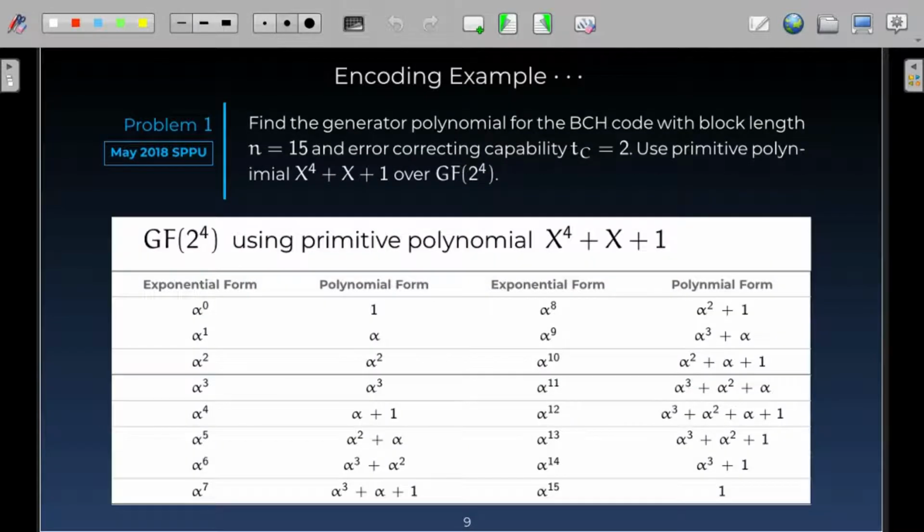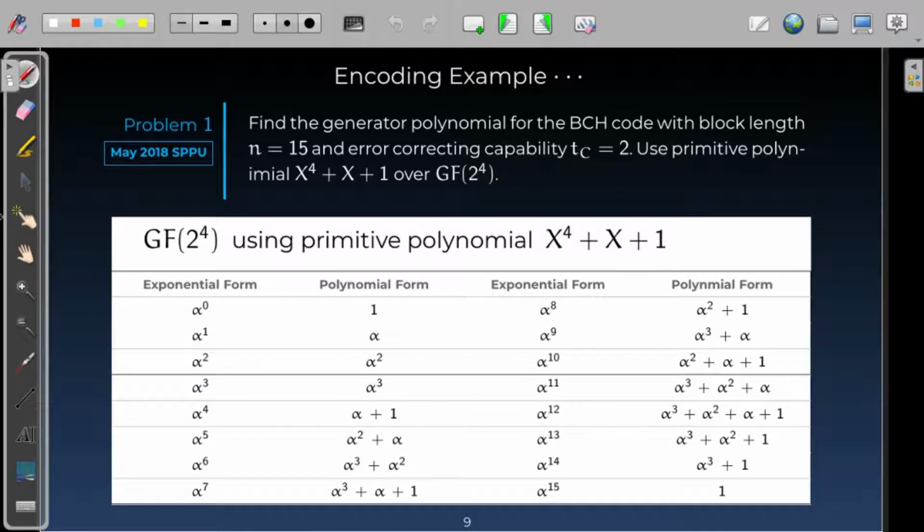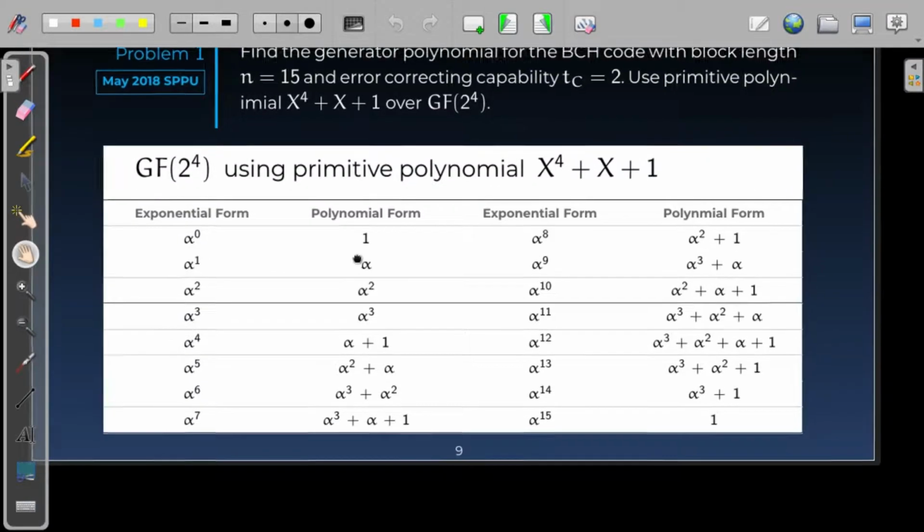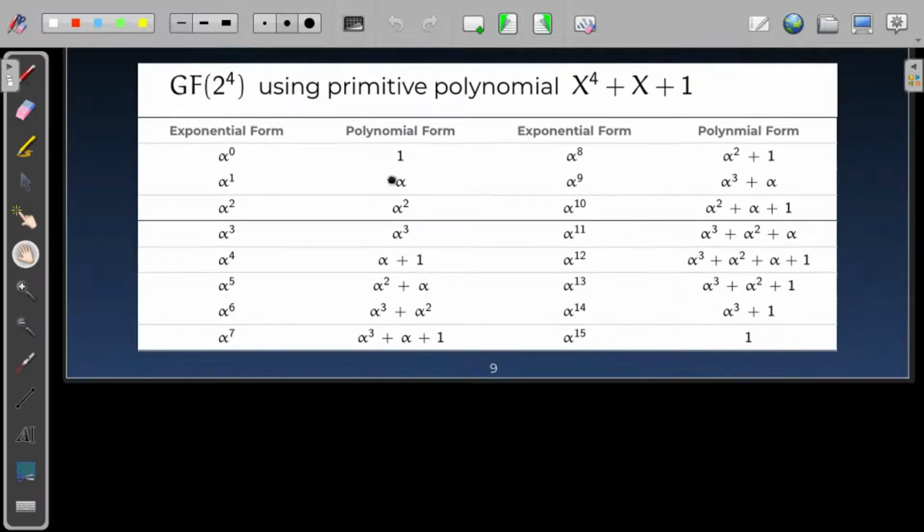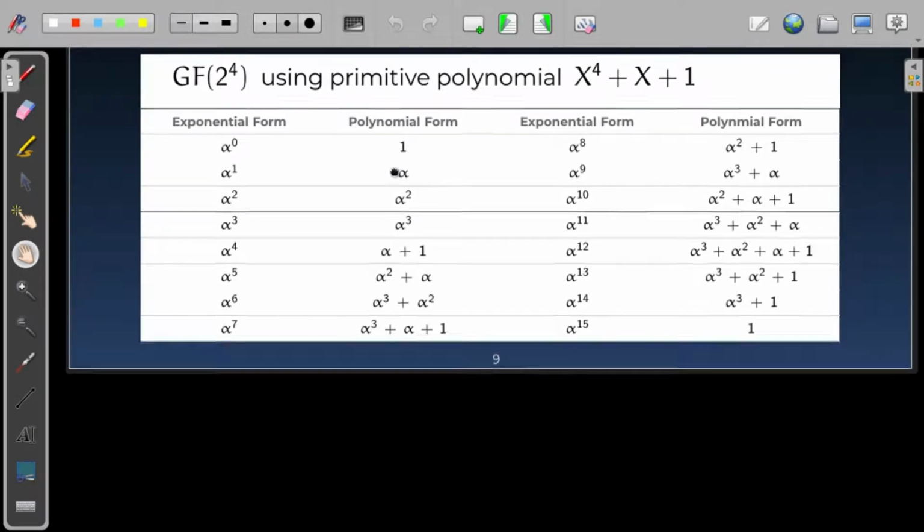Now to calculate the minimal polynomial, we have to consider the Galois field that is generated using x^4 + x + 1. This is the field we have to consider to find out phi 1 of x and phi 3 of x.